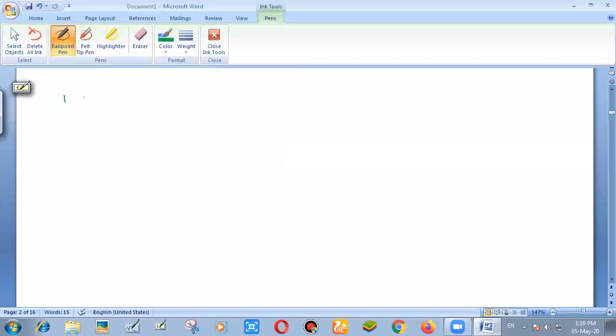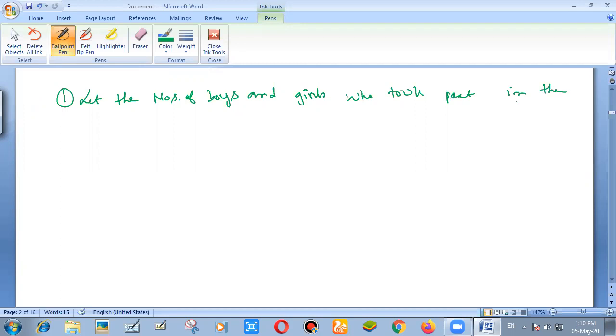Now from the two equations, see the first equation.